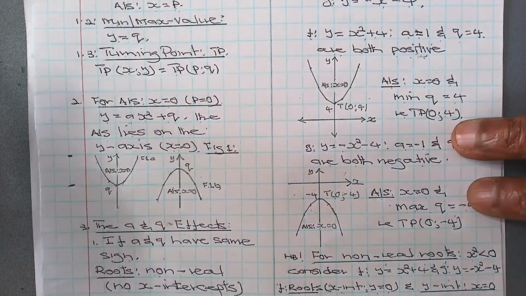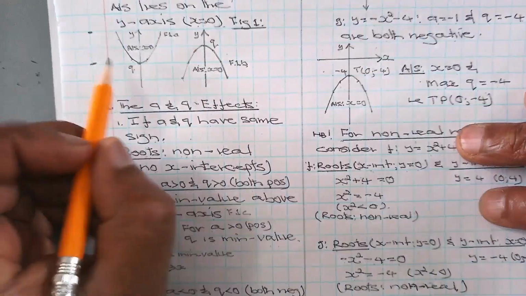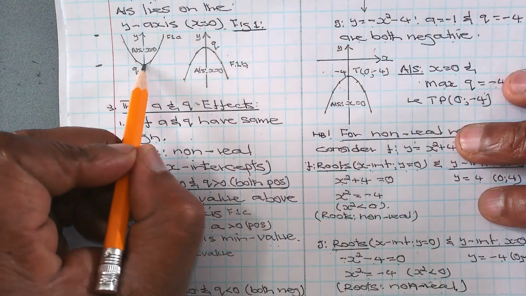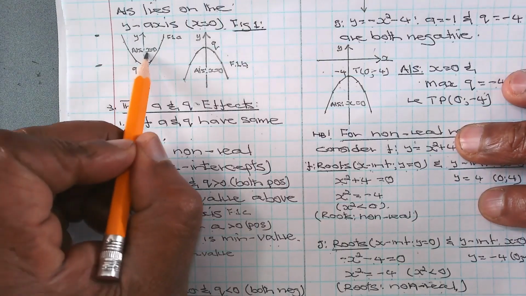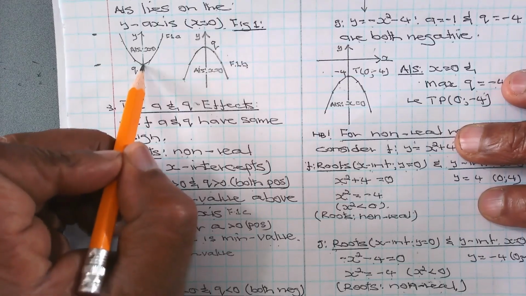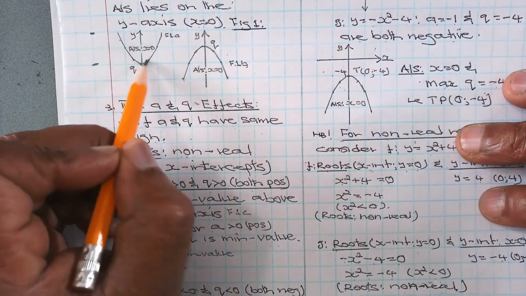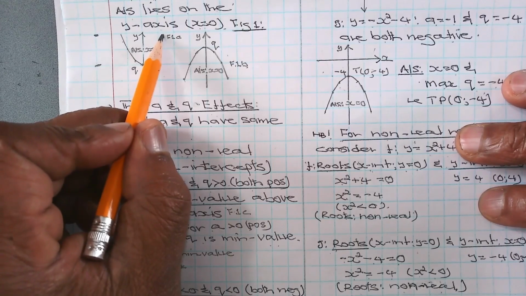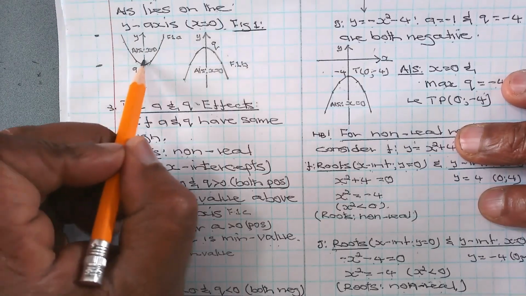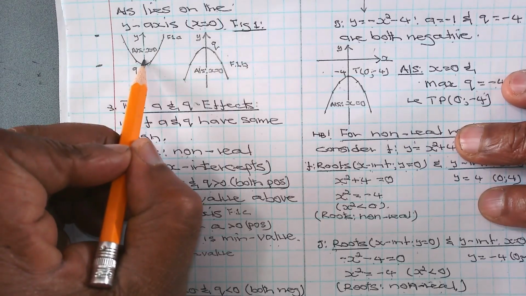Let's look at figure 1a. The axis of symmetry is 0 and the graph opens up. It means the a value is positive.